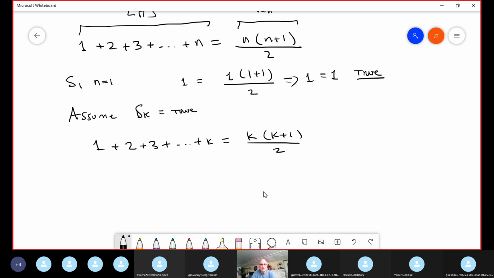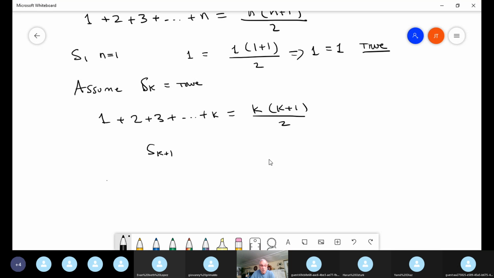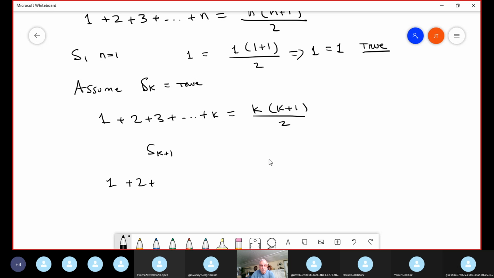Now I try to investigate what happens with k plus 1. So for k plus 1, I put 1 plus 2 plus 3 plus up to k. Here I stop, exactly the same, plus 1 more, is k plus 1.